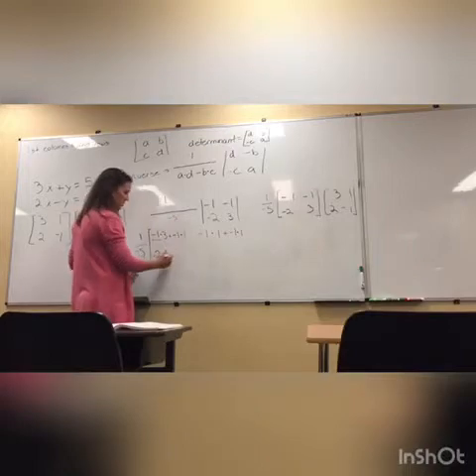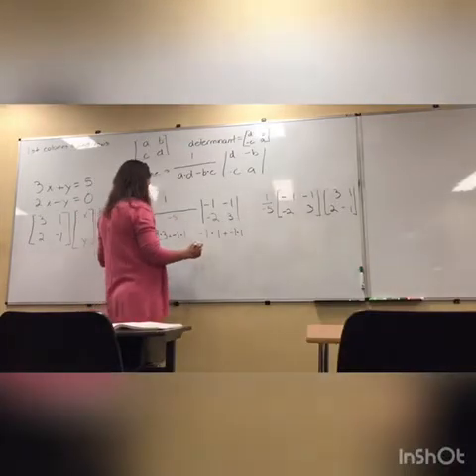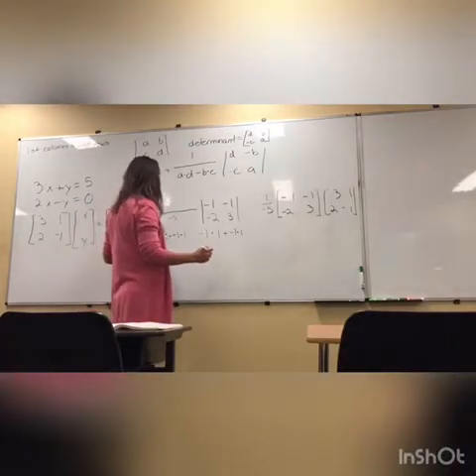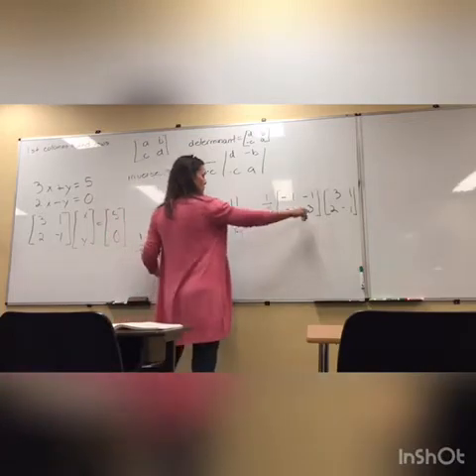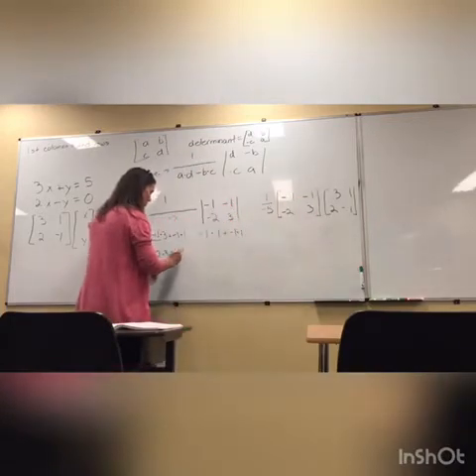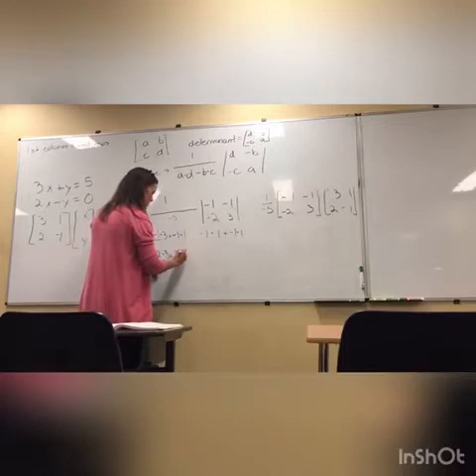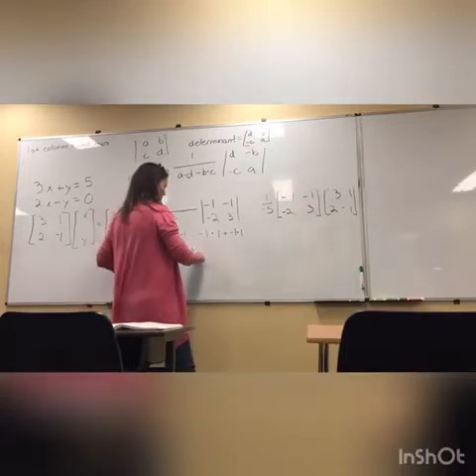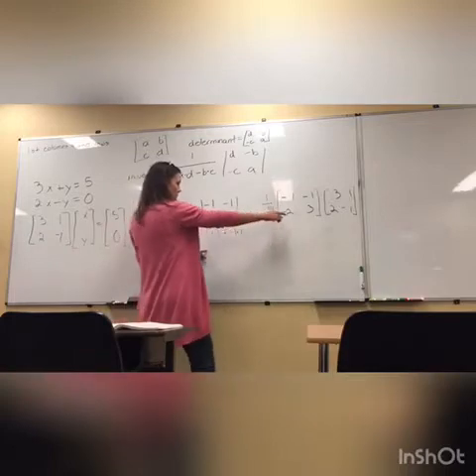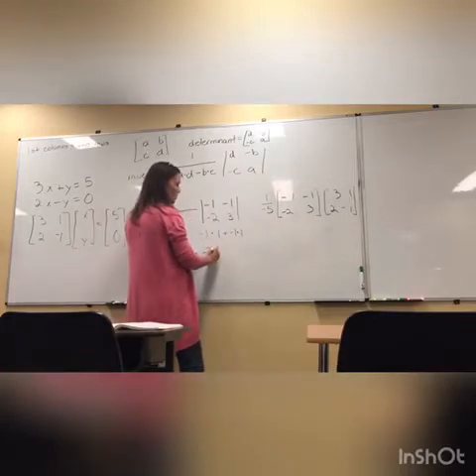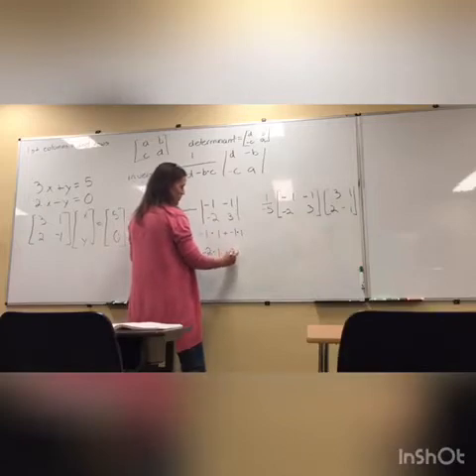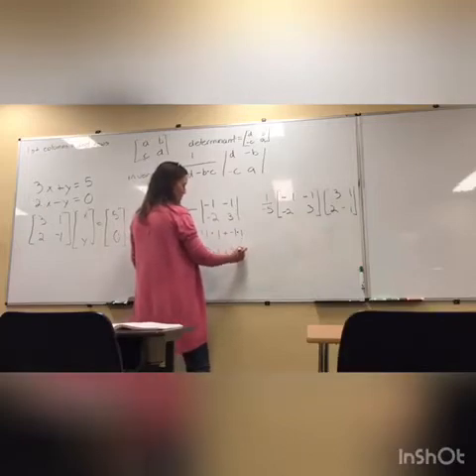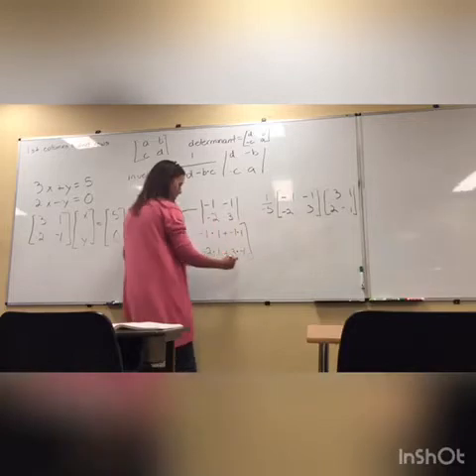And then I'm going to have first row, first column, 3 times 2. Now on this side I'm going to have second row, second column. So second row, negative 2 times 1 plus 3 times negative 1. And that's going to be my matrix.